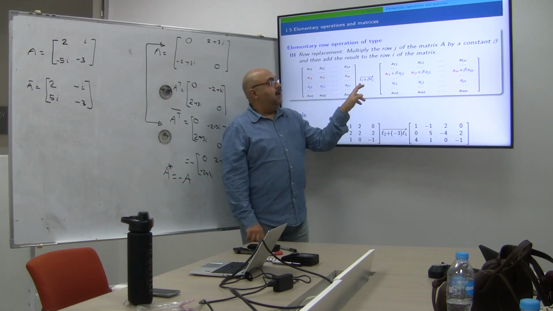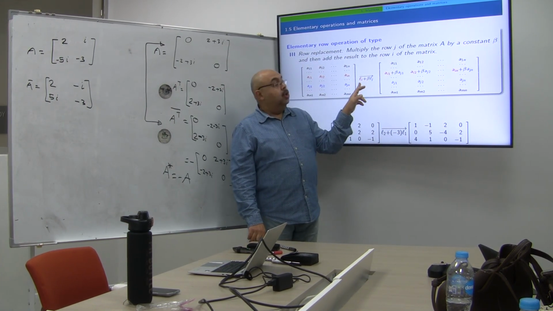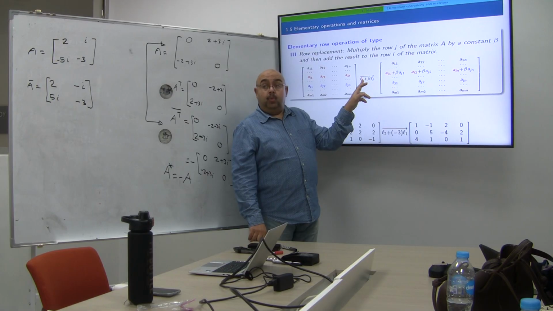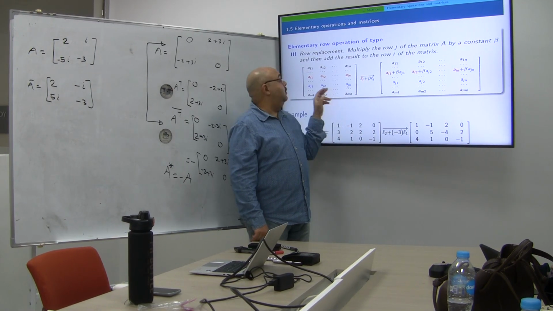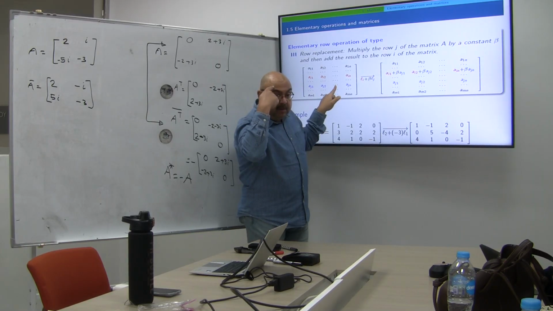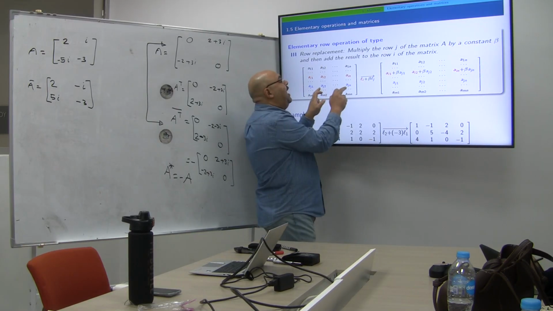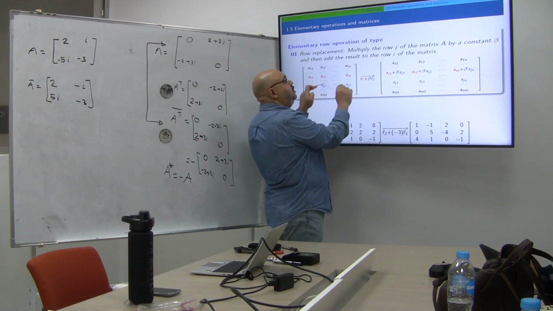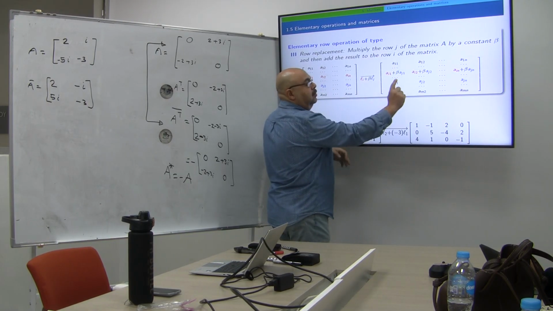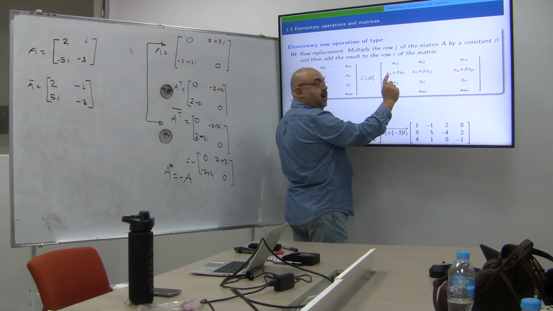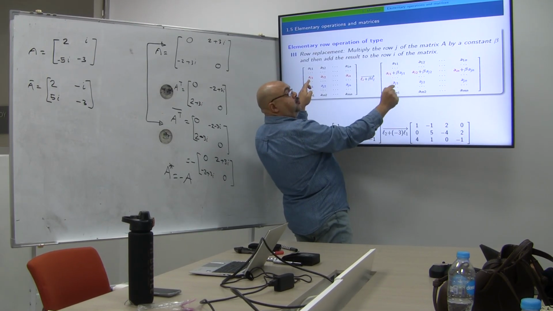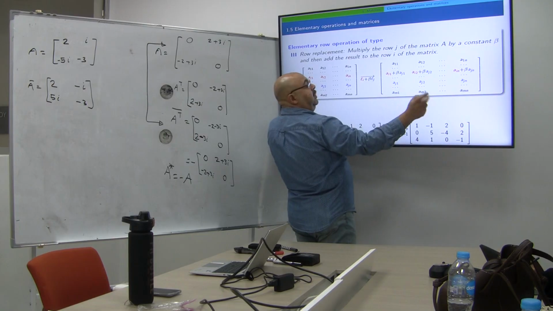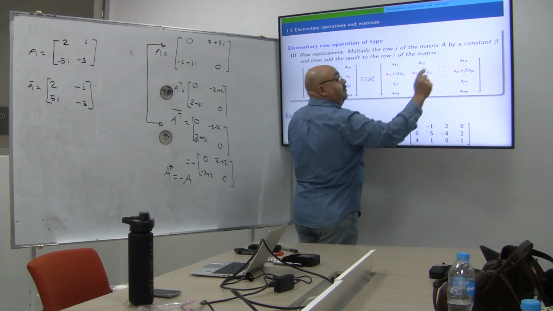I will get the sum of the ith row with the jth row multiplied by beta, which means I will multiply the jth row by beta in my mind. Then I will add each element from the jth row on the ith row. Look, it's A, I1, which is this element, plus that one times beta. Same way for each one of them.